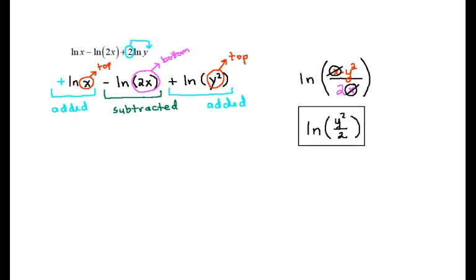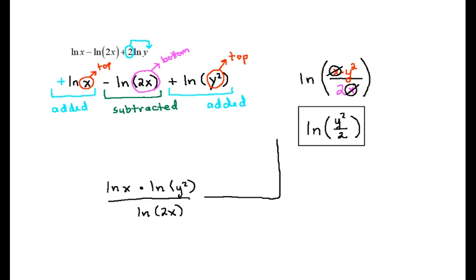When someone is sorting everything out, I'll often see this. Ln of x goes in the top times ln of y squared goes in the top over ln of 2x goes in the bottom. And then sometimes I even see a student get from this to the correct next step.